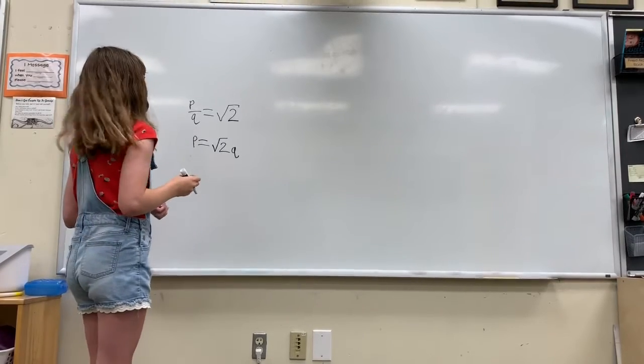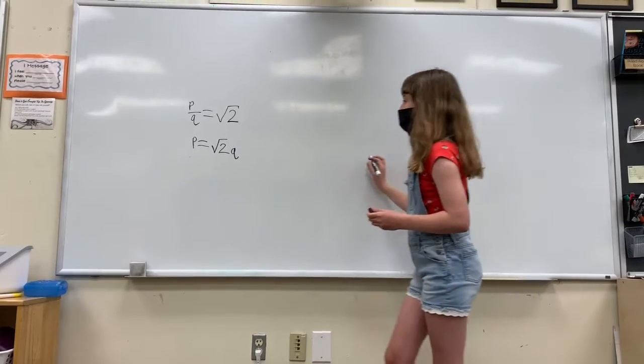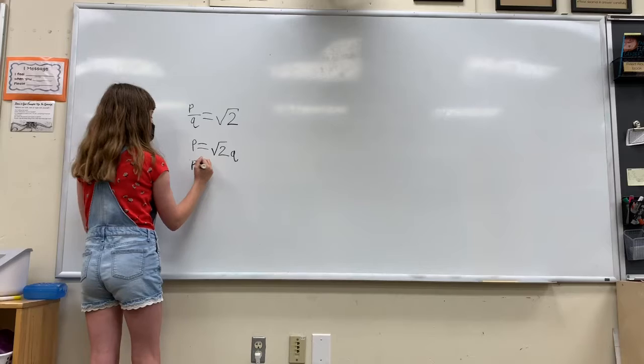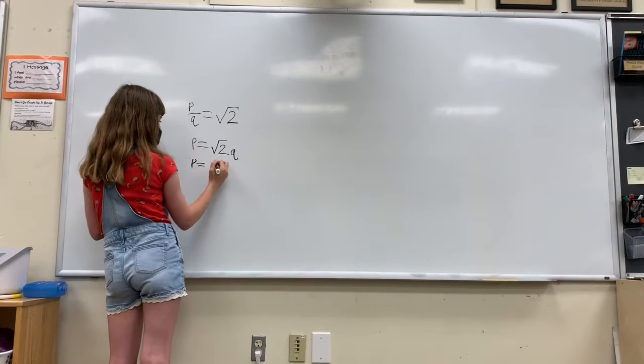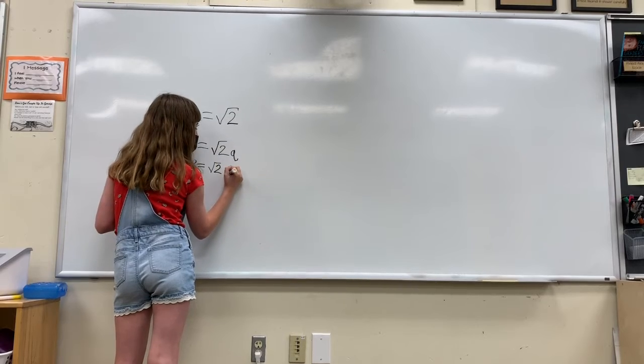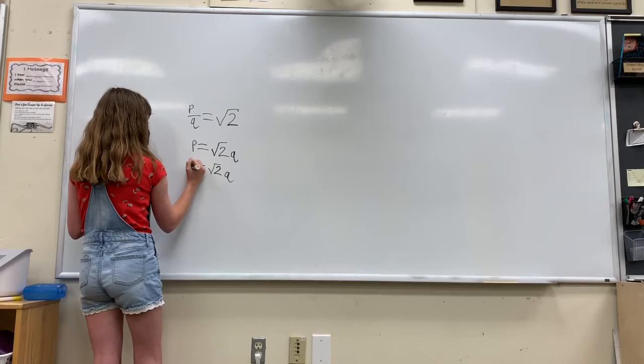Now we should get rid of the square root. And we do that by squaring both sides of the problem.